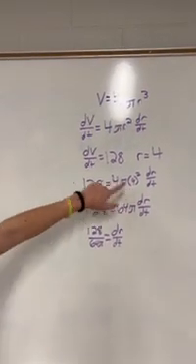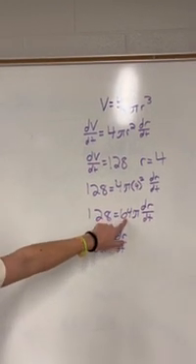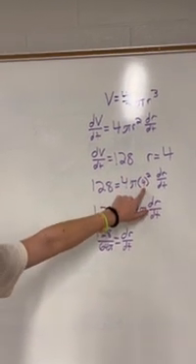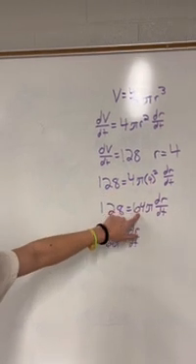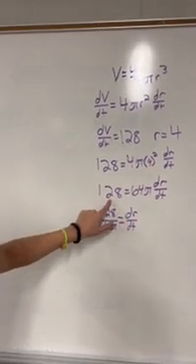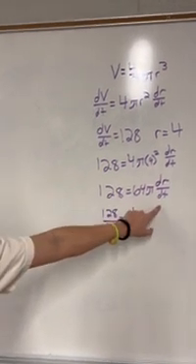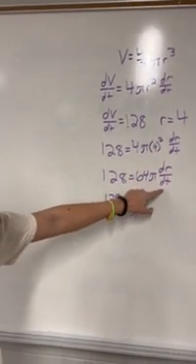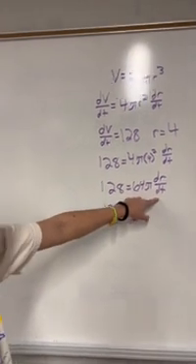So now, after we plug this in, we can simplify it to get, so this is 16 times 4 is 64. So we now have 64 pi times dr over dt equals 128, but we still need to solve for at what rate the radius is changing when the radius is 4.